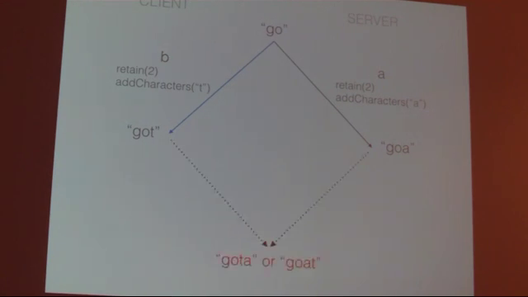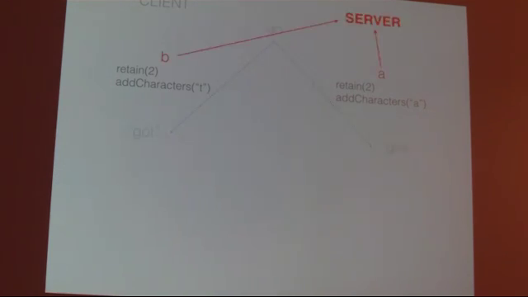Okay, so this is how it kind of works in real life. Let's say you have the word go, and on the server side, someone wants to add an A to the end, and on the client side, someone wants to add a T to the end. So the question is, do you get goat or goda? So what happens is, both operations, operation B would be sent to the server, and if there's a race condition, server always wins.